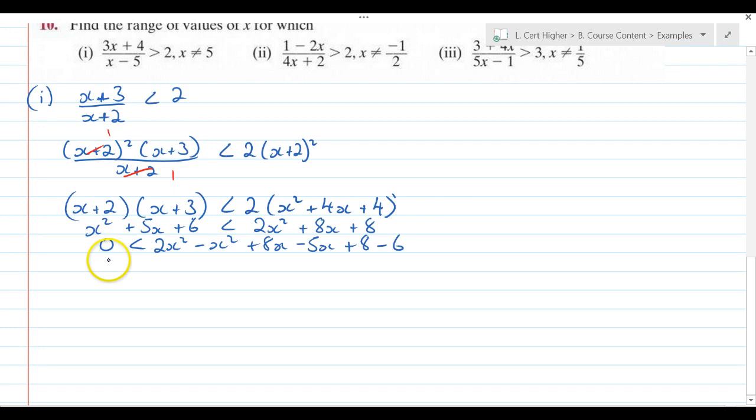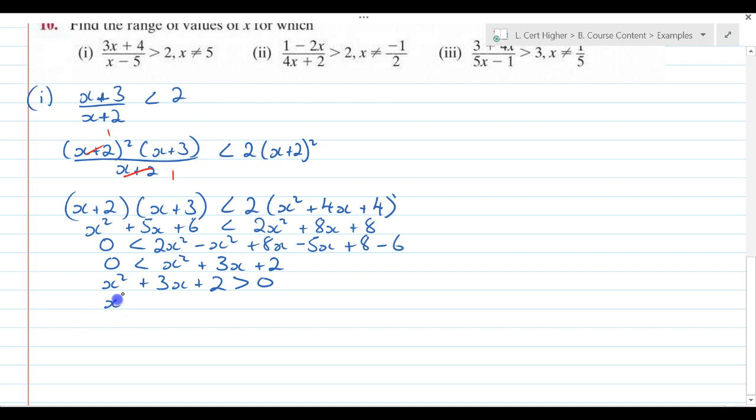So simplifying the right hand side, I have 0 less than 2x squared minus 1x squared is x squared, 8x minus 5x is 3x, and plus 8 minus 6 is plus 2. And that's the same as x squared plus 3x plus 2 is greater than 0.